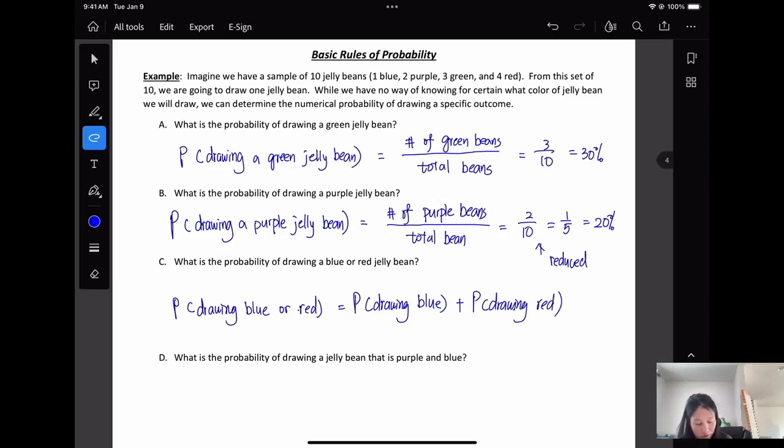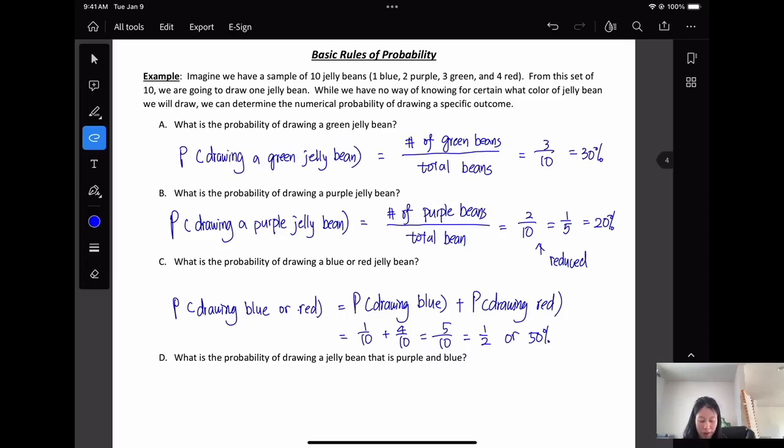In this case, for blue beans we have 1 out of 10, plus the red beans, we have 4 out of 10. So the total should be 5 out of 10, which is 1/2, or you can write it 50%.